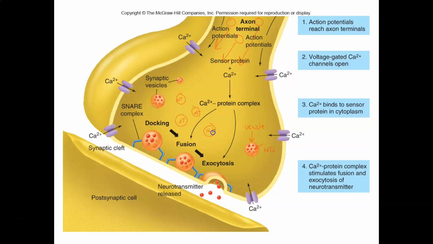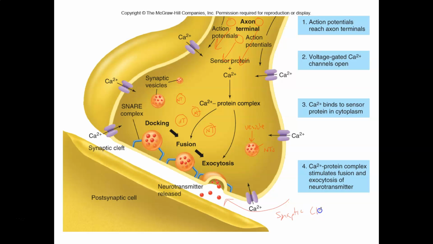But that's where the chemical synapse and the physiology comes into play. How do you trigger the vesicles with the neurotransmitter to exocytose the neurotransmitter at the synapse? How do you get the neurotransmitter released into the synaptic cleft?